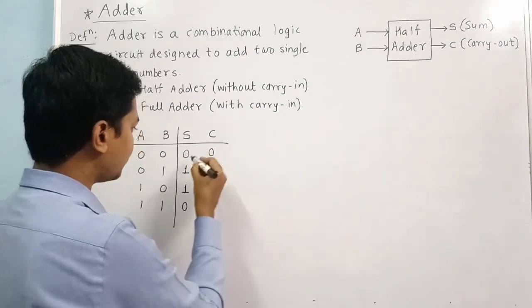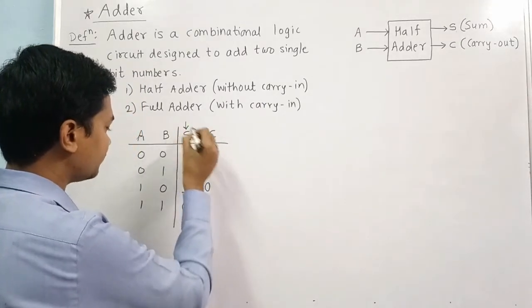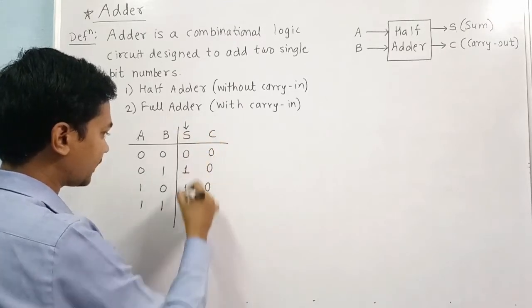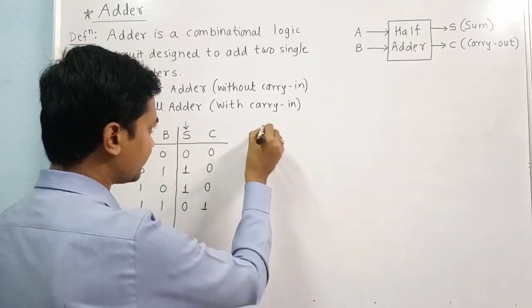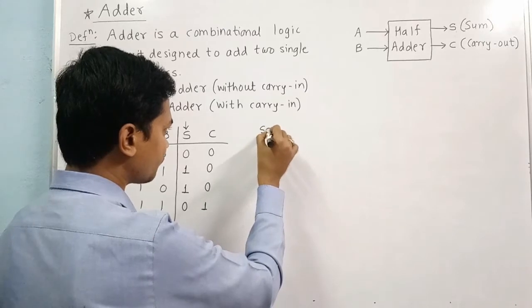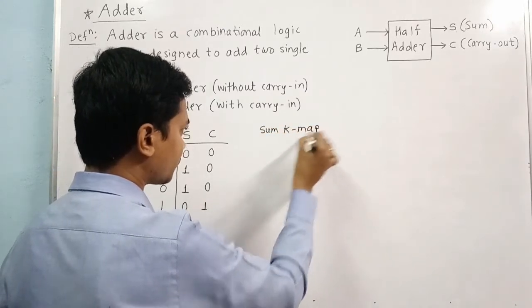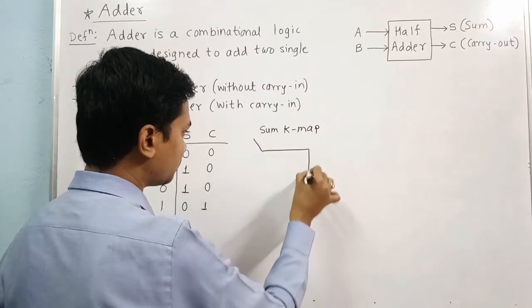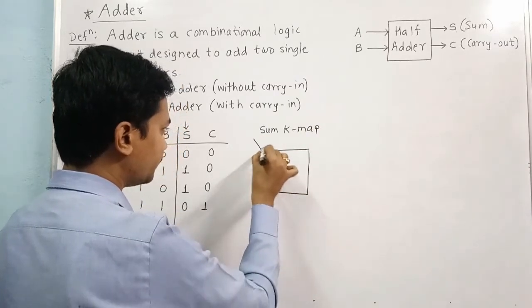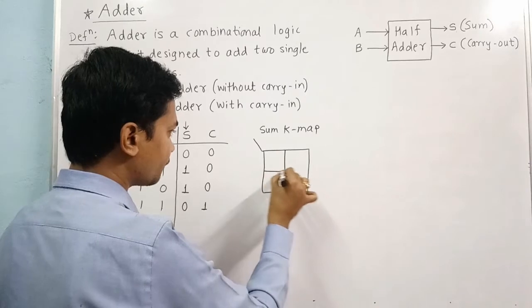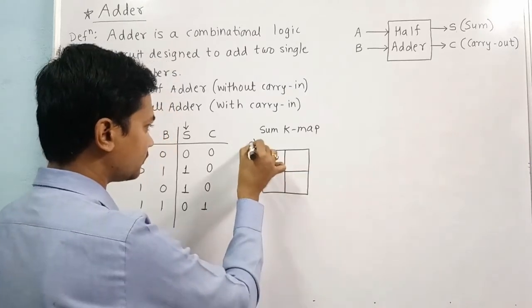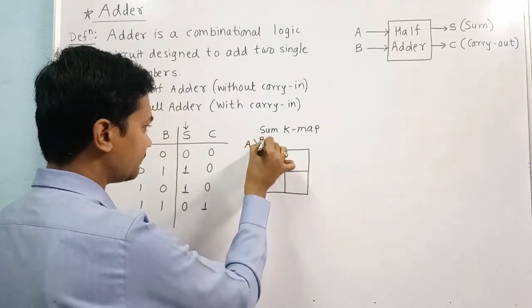So for sum we will draw the K map. For the sum K map, we should have a 2 by 2 K map. Here the first bit is A and the second bit is B.